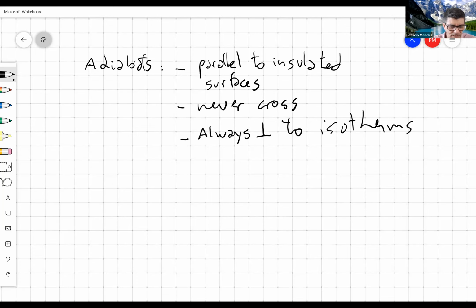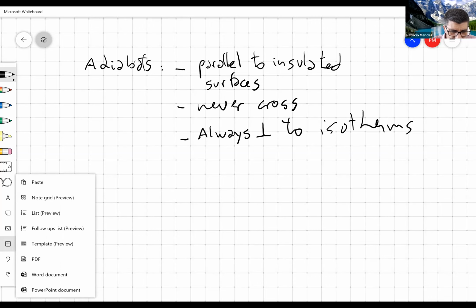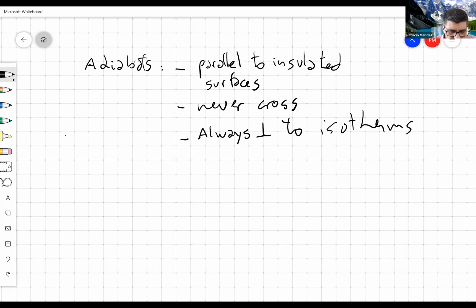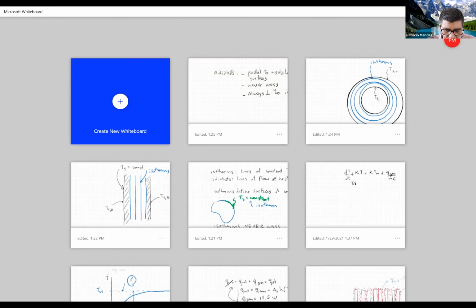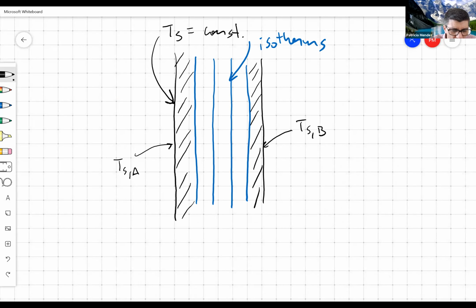And this is the interesting point. Let's go back to our wall. And I'm going to make the lines of heat, the adiabats. The adiabats are always perpendicular to the isotherms.